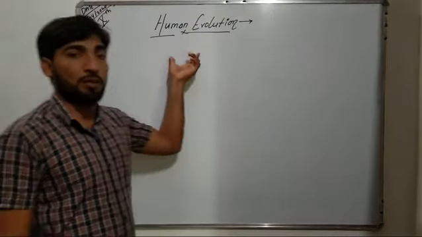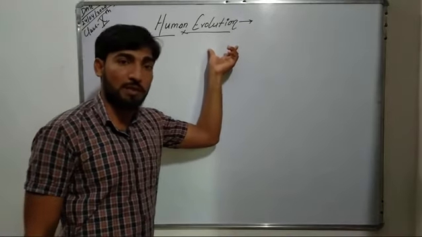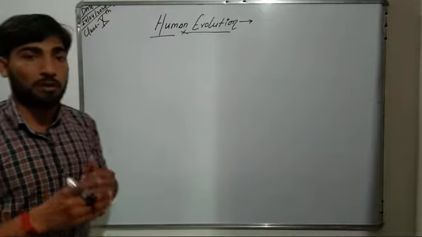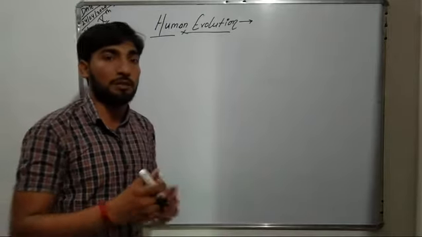Now our next topic is human evolution. It is the last topic of this chapter. In human evolution we will study how the different races of humans came into existence.